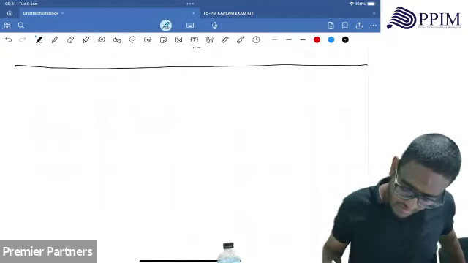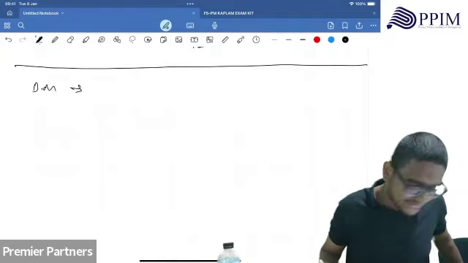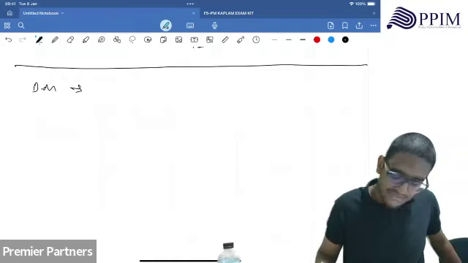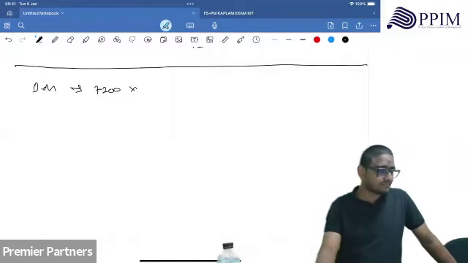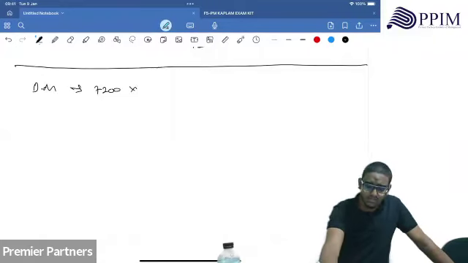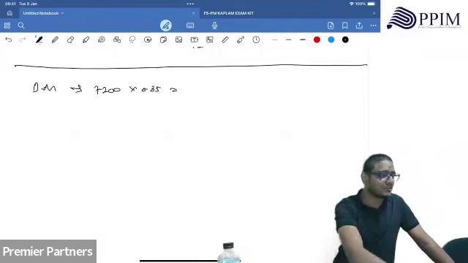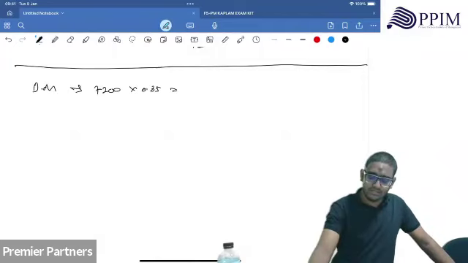So first thing, you calculate for direct materials, 15% less. So 15% less means 7,200 into 0.85, no? So 7,200 into 0.85 is 6,120.